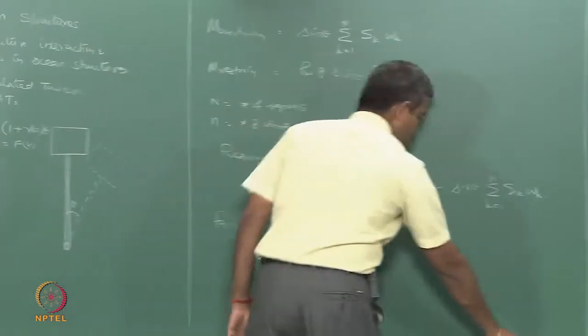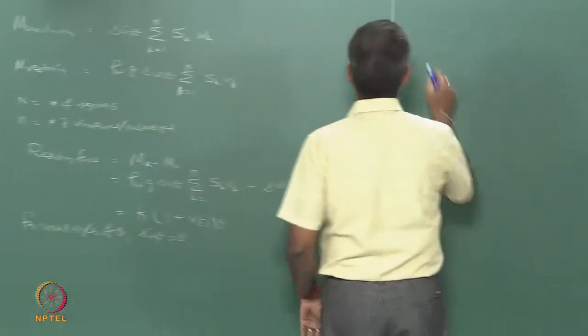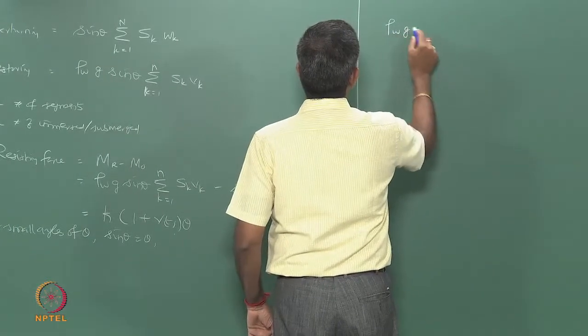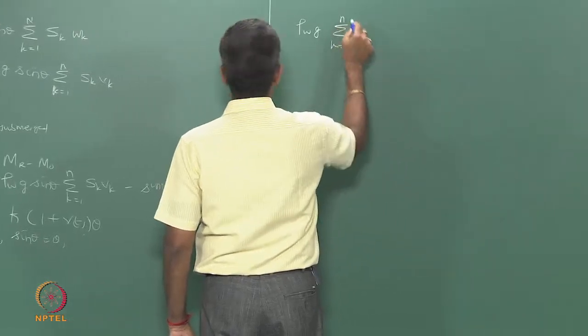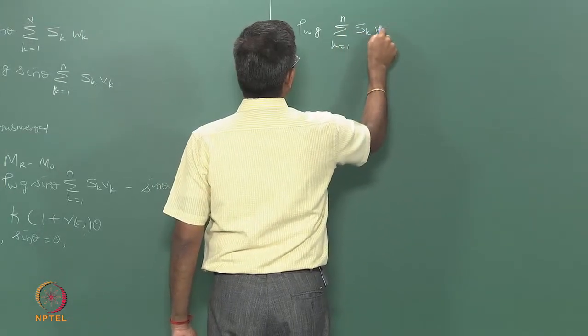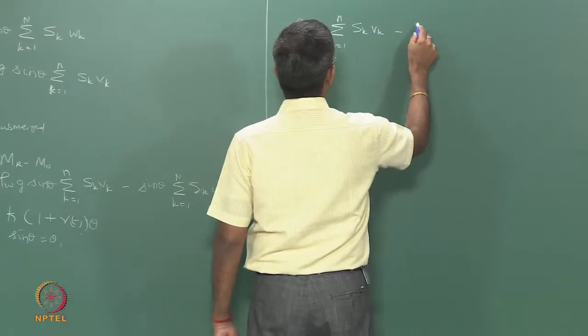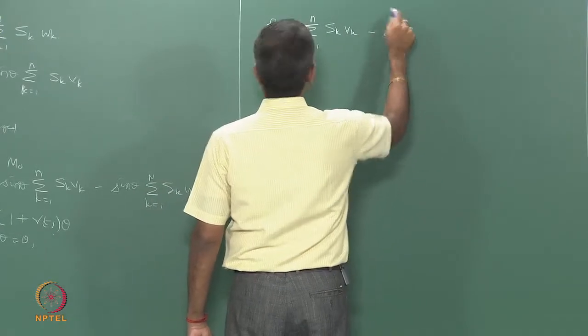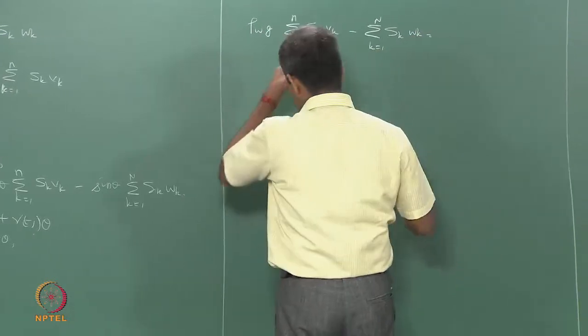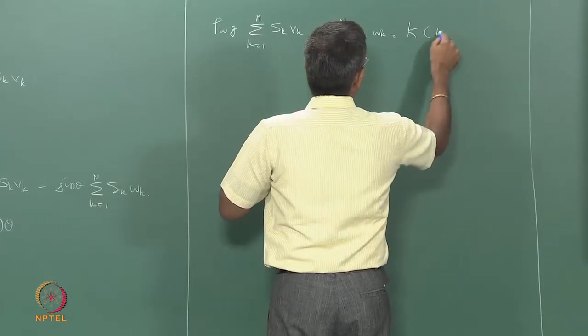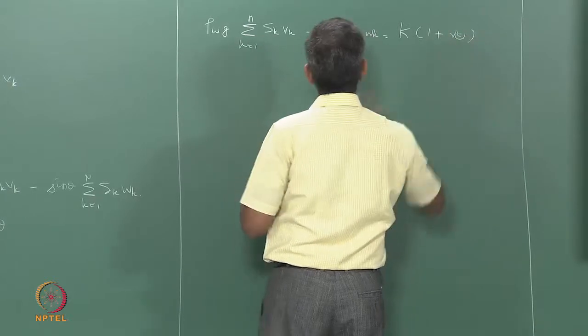Using this relationship, we get rho Wg summation of k equals 1 to small n SKVK minus summation of k equals 1 to capital N SKWK should be equal to capital K of 1 plus nu of t.